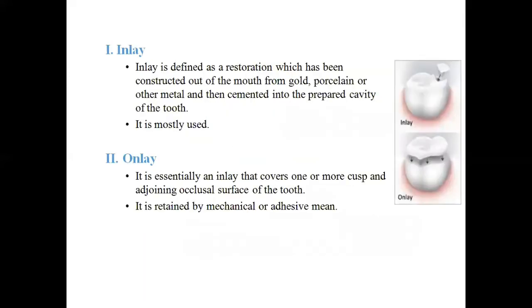Inlay is defined as the restoration which has been constructed out of mouth from gold, porcelain, or other metal, and then cemented into the prepared cavity of the tooth. This is most commonly used. Onlay is essentially an inlay that covers one or more cusps and adjoining occlusal surface of the tooth. It is retained by mechanical or adhesive means.